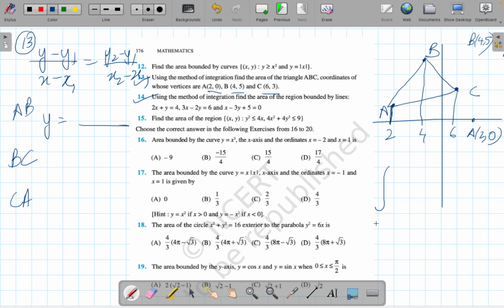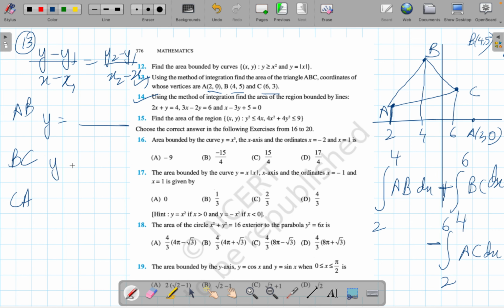So you can see from 2 to 4 we will take AB का equation, plus from 4 to 6 we will take BC का equation, और उसमें से हम subtract कर लेंगे 2 to 6 AC का equation, right? मतलब y की value from AC. So you will calculate all y's and you can put it here.